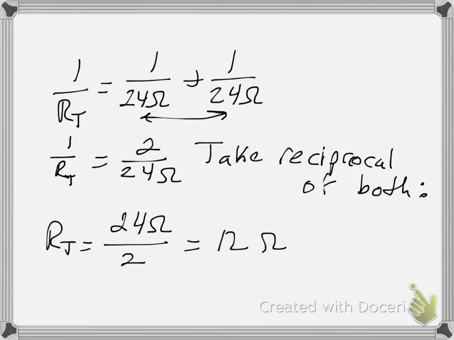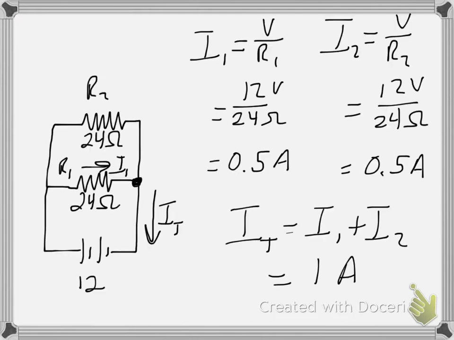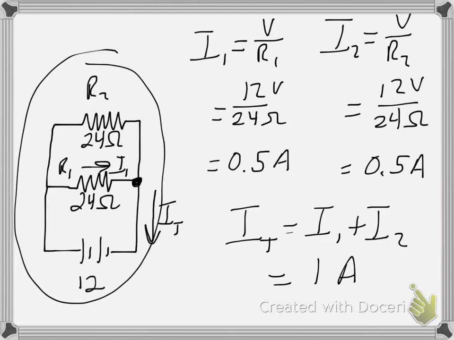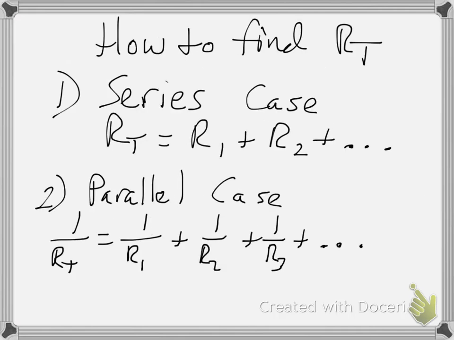Alright. So in both cases, one using Ohm's law and one using the inverse resistance formula for parallel cases, they give me the exact same result for the total resistance in the circuit. And what I mean by that is that this circuit right here is no different than a circuit that looks like this.